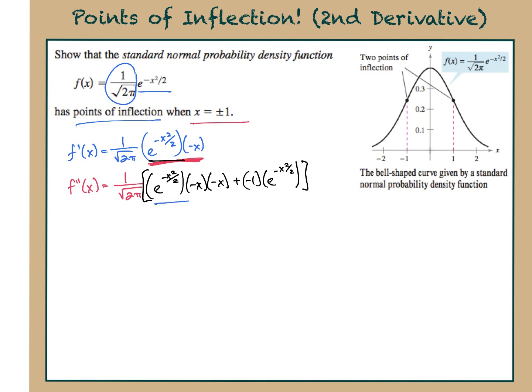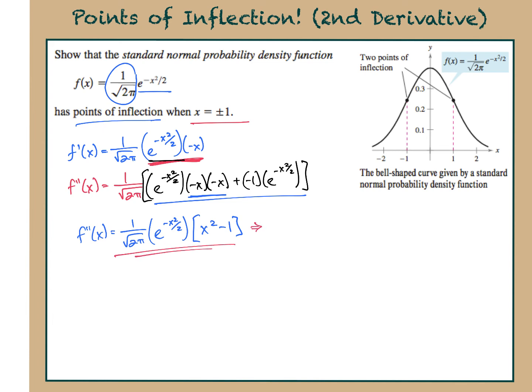The e to the negative x squared over 2. So my f double prime is equal to 1 over square root 2 pi times e to the negative x squared over 2, and then times what's left? X squared minus 1.